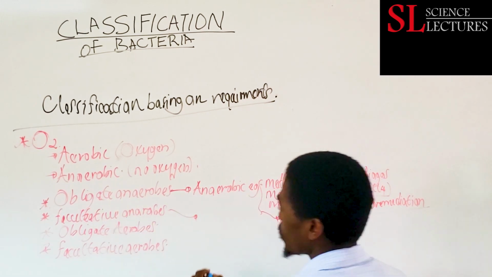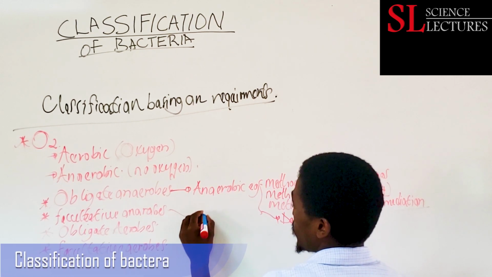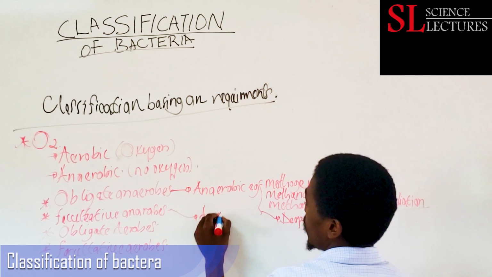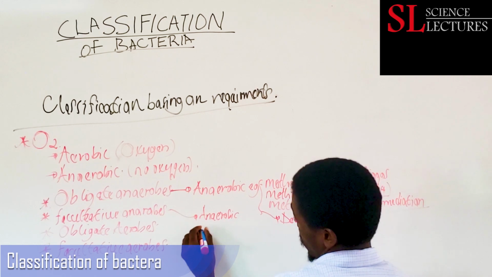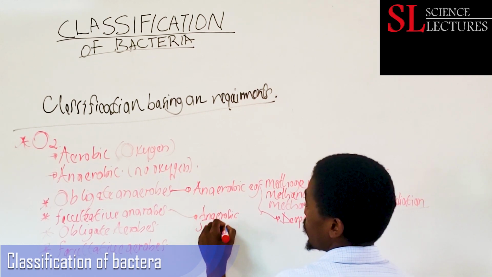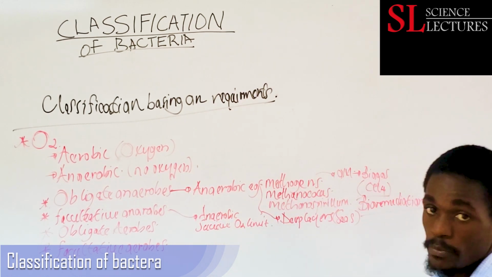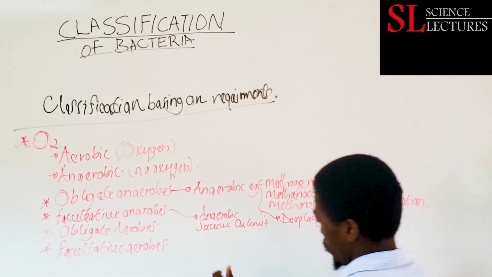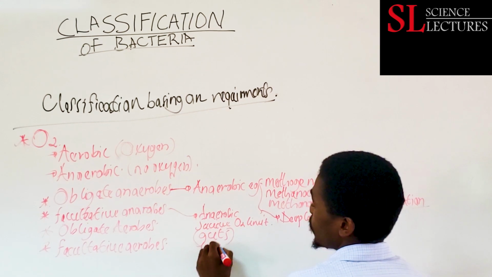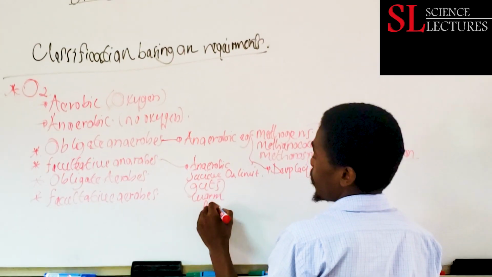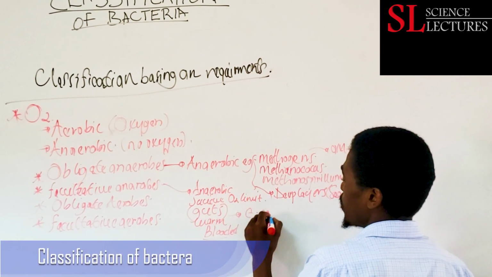Then facultative anaerobes. These facultative anaerobes live in anaerobic areas. In other words, they can survive in anaerobic areas. However, they can also survive in the presence of limited oxygen. For example, the bacteria that reside within the guts of warm-blooded animals like man are called E. coli.